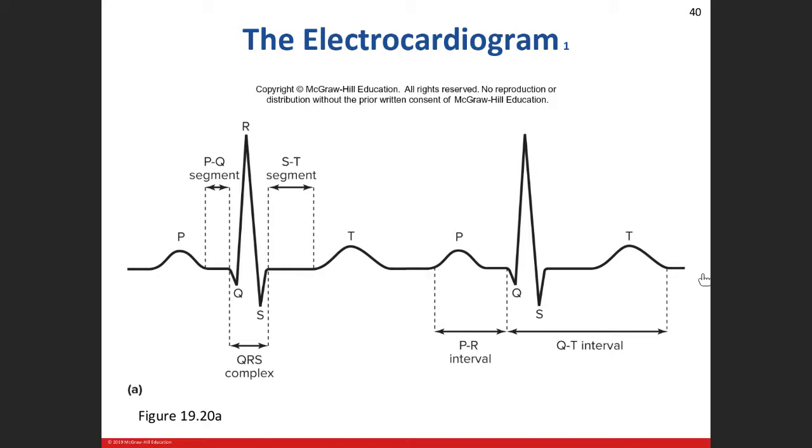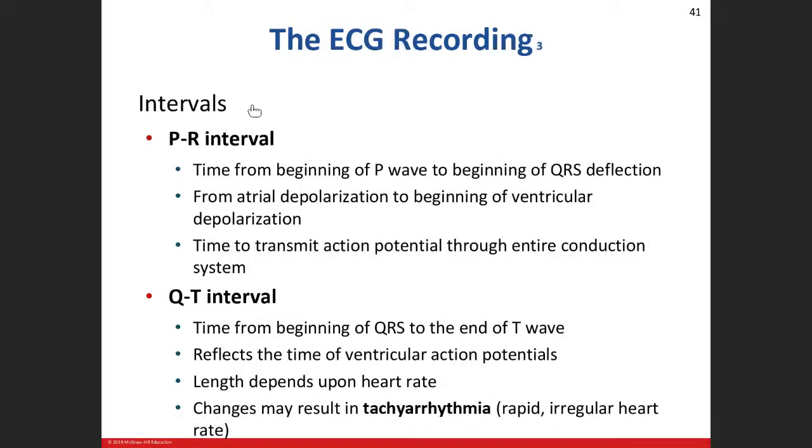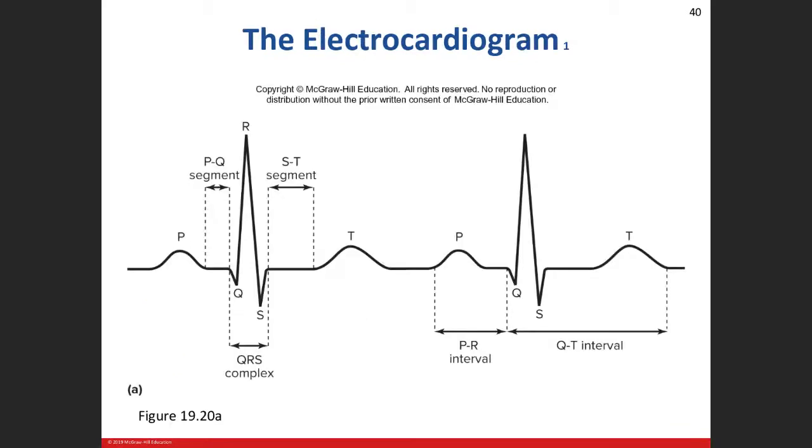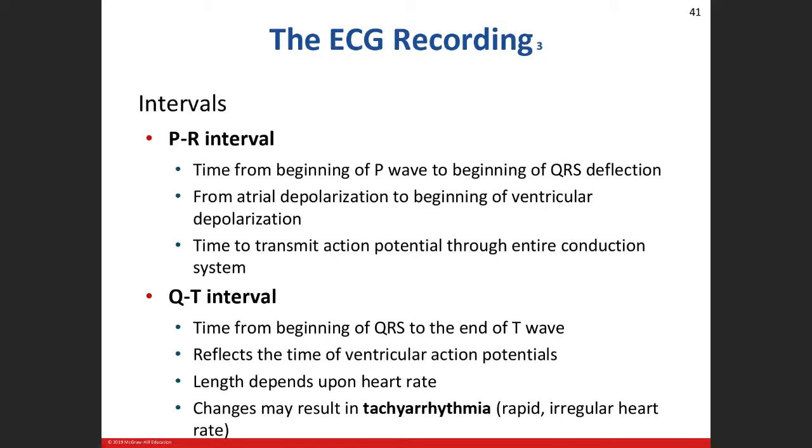So the interval is going to cover, well, let's go in here. Our first interval is the PR interval. Our PR interval starts with the beginning of atrial depolarization and leads all the way up to the beginning of ventricular depolarization.